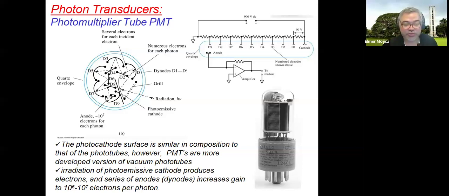So it's similar to that of the phototube. However, the PMT is a more developed version of the phototube. The anode and the cathode here are separated by electrodes that you call what?